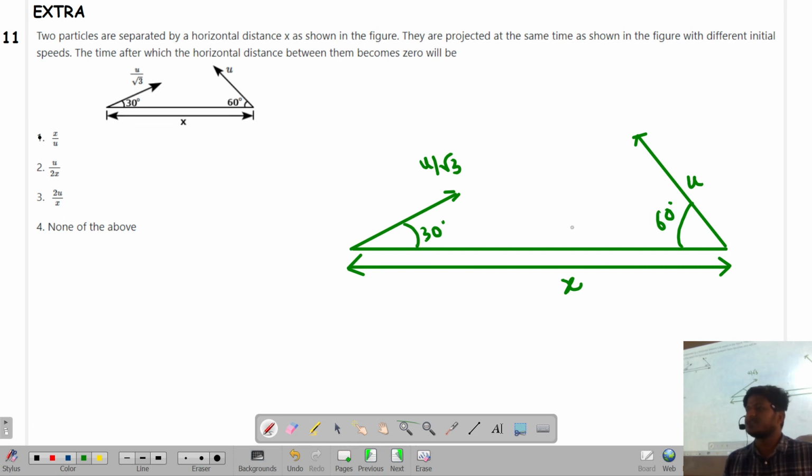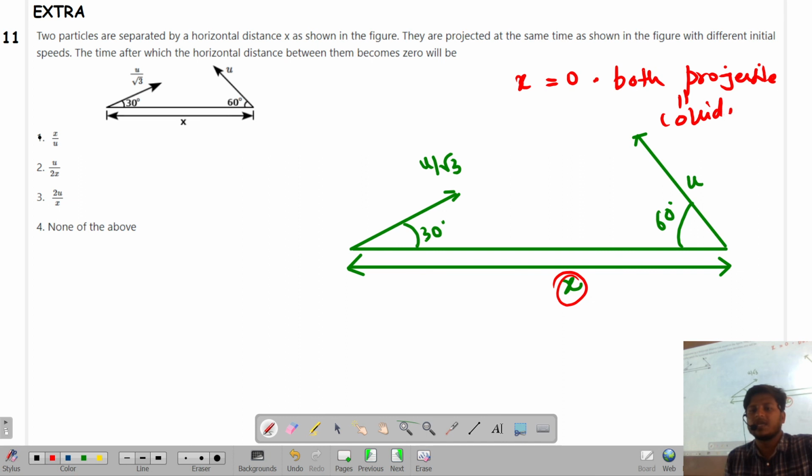In this case, for both of these projectiles, when the displacement x will be 0, when both projectiles collide, yes or no? If they collide, this projectile will come over here, right or not? This projectile will come over here, and the x displacement between them will become 0 or not? Tell me yes or no. If the collision happens, yes or no? Are you able to get me or not?